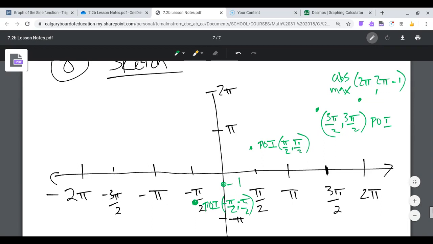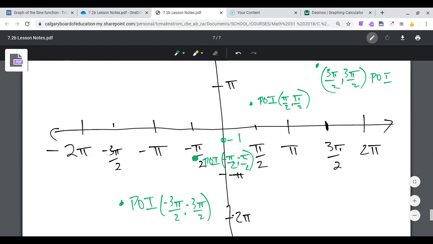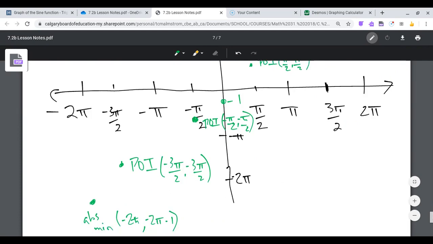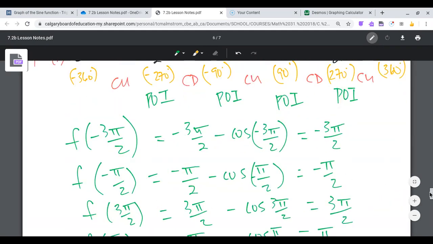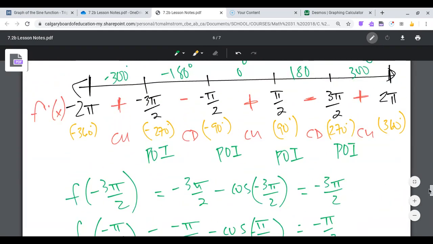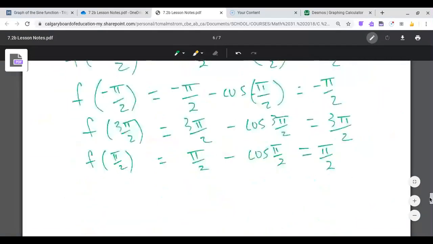So we knew that this entire graph was increasing over the domain, which is obvious from the points that we just plotted. And so we just need to then look at our concavity. So let's go back to our concavity and we'll see that we start with concave up and then we alternate from there.